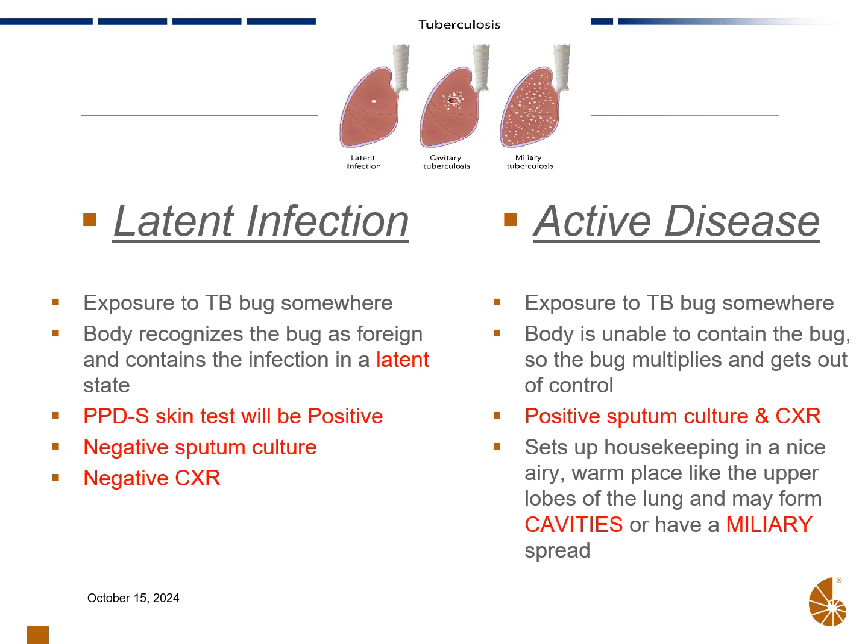In addition to having a positive skin test or a positive IGRA test, you're going to have positive sputum cultures for TB germs and a positive chest x-ray, which is going to show an infiltrate or even a cavity. So that's the difference between latent infection and active disease.